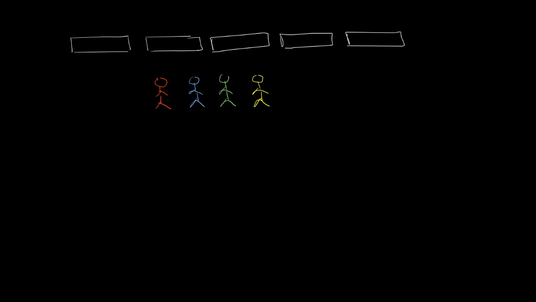And I have 4 children, the usual red and blue and green and yellow children, and I'm going to break up my chocolate into 4 equal pieces. So let's do it: 1, 2, 3, 4, for each chocolate.